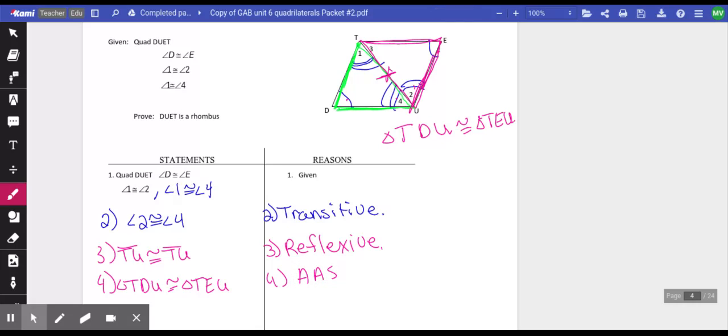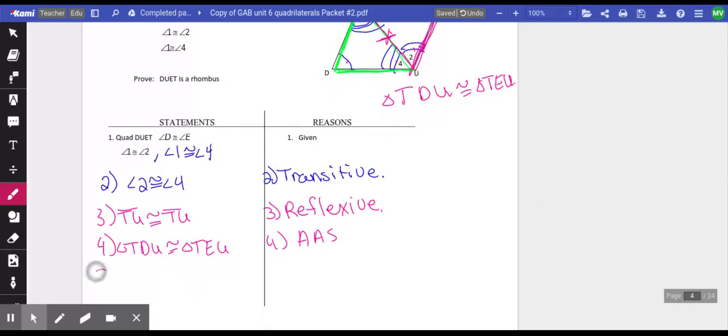So now knowing those triangles are congruent by angle, angle, side, I can say that angle 1 is congruent to angle 3 by CPCTC.